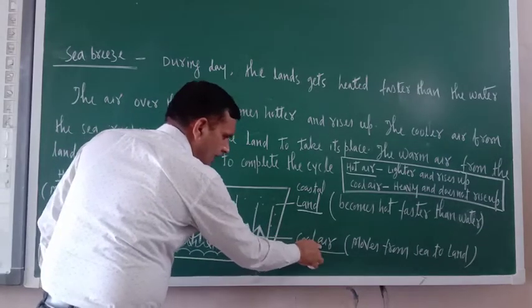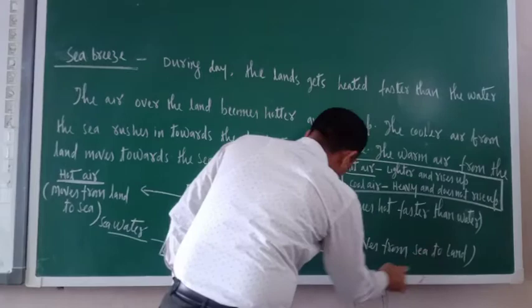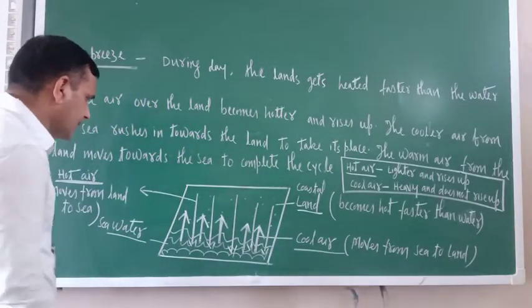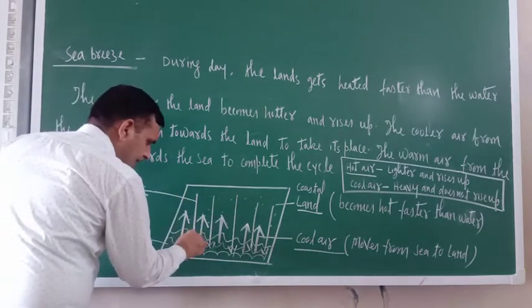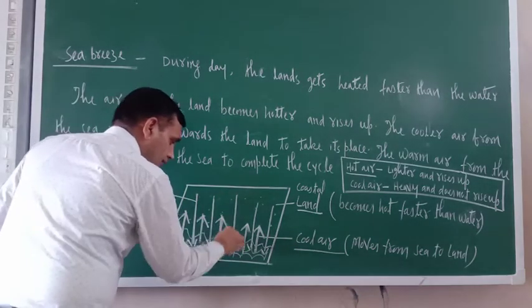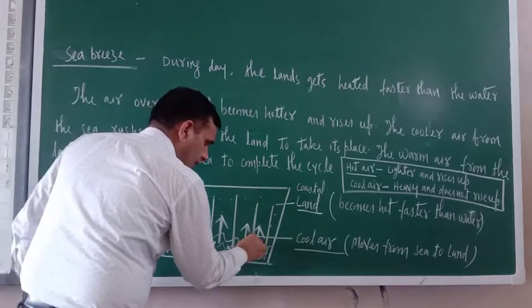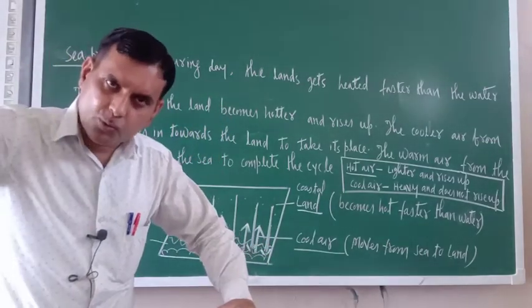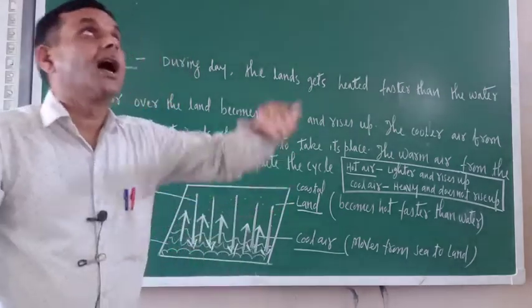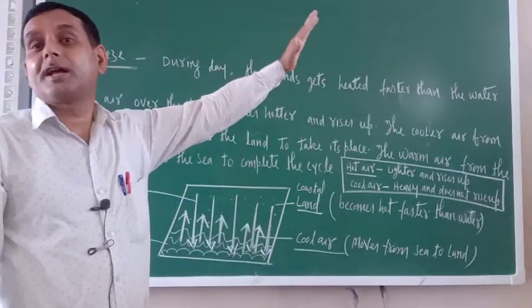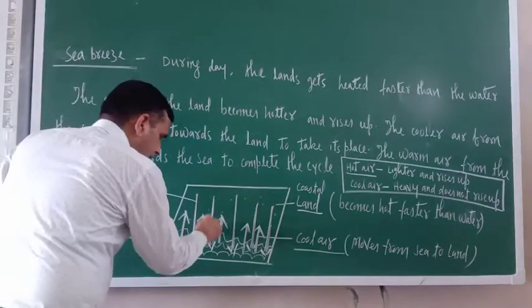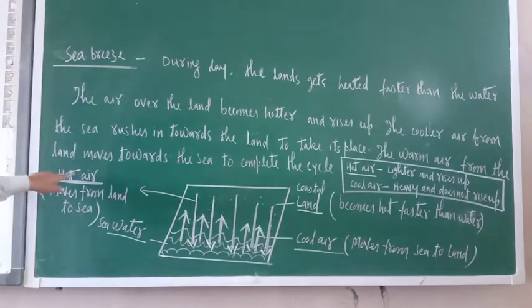So this is cool air, moving from sea to land, and the land air which rises up moves towards the sea from the top. Near the earth's surface, cool air will come from the sea, and on the upper side, hot air from the land will move towards the sea. That is why there is this downward arrow. What is this arrow? This is hot air, moving from land to sea.